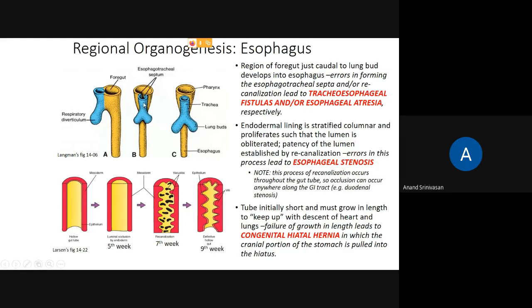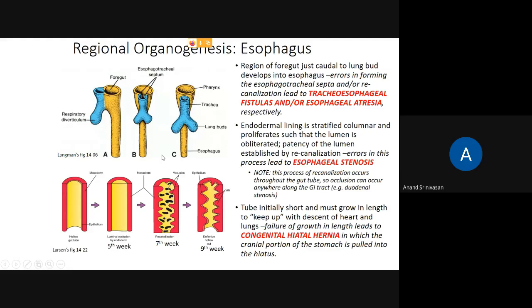So this is just recapitulating the same thing. Because of the tracheoesophageal septum, the lung bud, the respiratory diverticulum, gets separated from the rest of the pharynx. If this is not divided completely, it leads on to tracheoesophageal fistula or atresia.